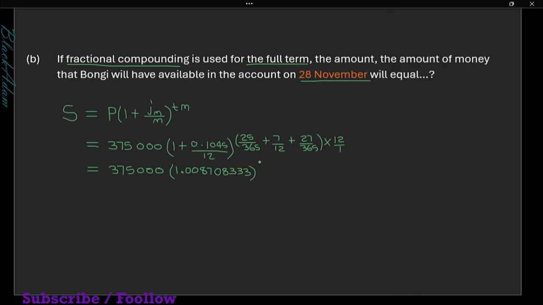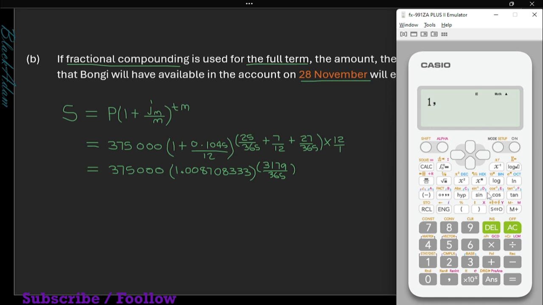That would be 3179 divided by 365. That's our final fraction. Then from there we simplify everything. We start with the bracket, 1.0087, to the exponent 3179 divided by 365. You can see the brackets in the exponent there, and then we find that answer.